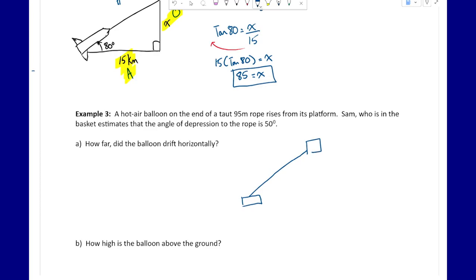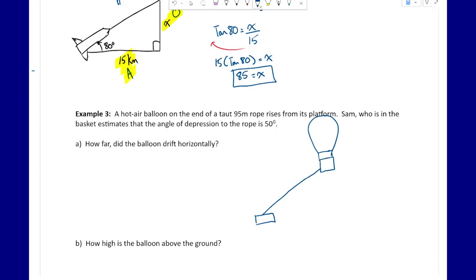So we have our hot air balloon here. Move this down a bit. So this is where some of your art skills can come into play, some of your creativity, if you want to draw a nice picture. So there we have our hot air balloon tethered to its platform.